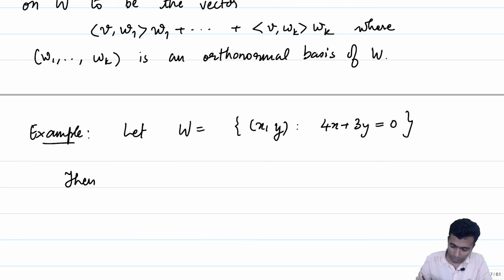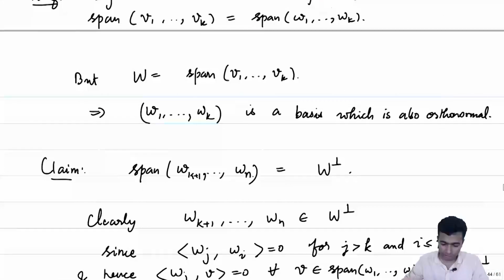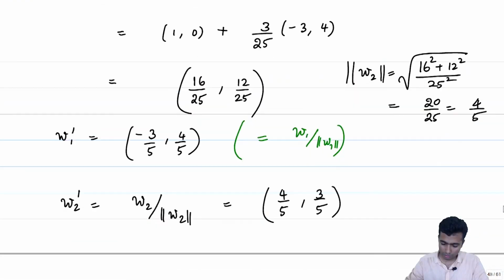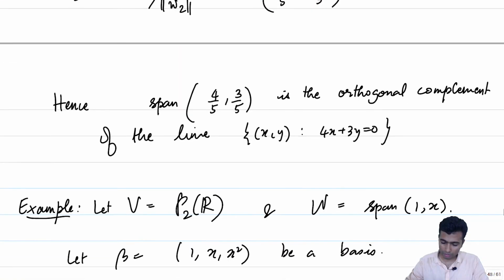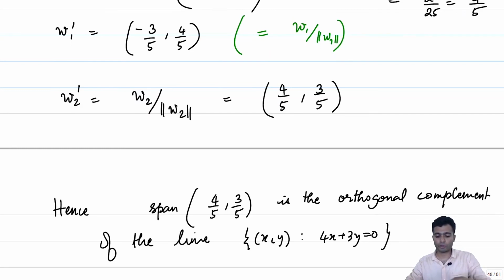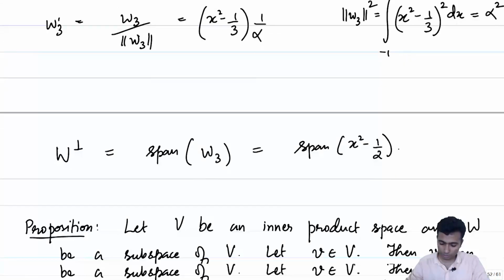A basis was given by minus 3 by 5 and 4 by 5. I guess this is what we had calculated earlier. Let me just check. Yes, minus 3 by 5 and 4 by 5, w1 prime. That is an orthonormal basis of our given subspace.